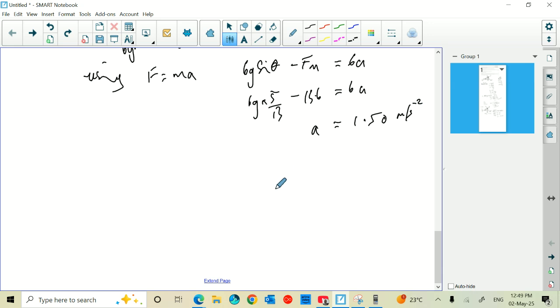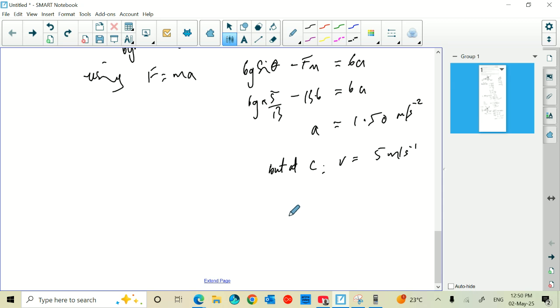And if the acceleration is 1.50 meters per second squared to 3 sig fig, at C, the final velocity is equal to 5 meters per second.